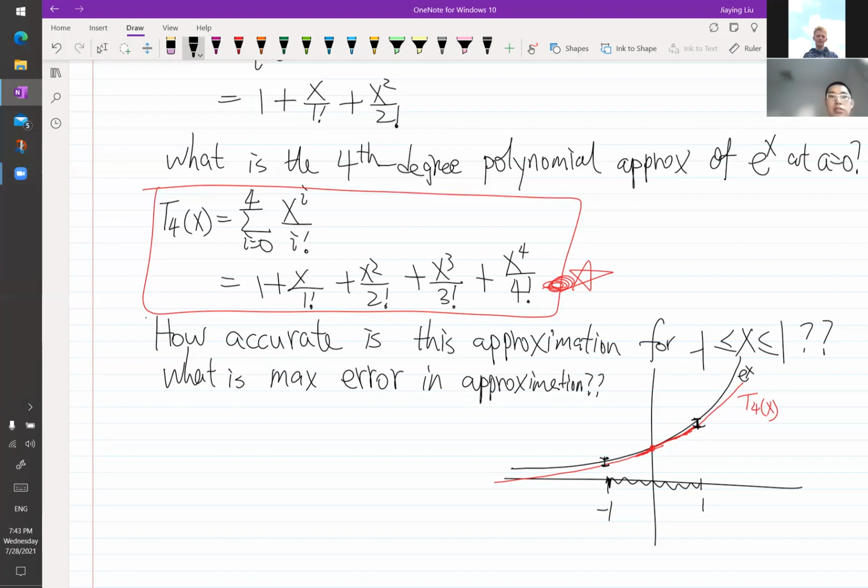So that's why we talk about this. And this is also easier to compute because sometimes you might have a function that's weird, instead of e to the x, that you cannot integrate or differentiate directly to calculate some quantity.